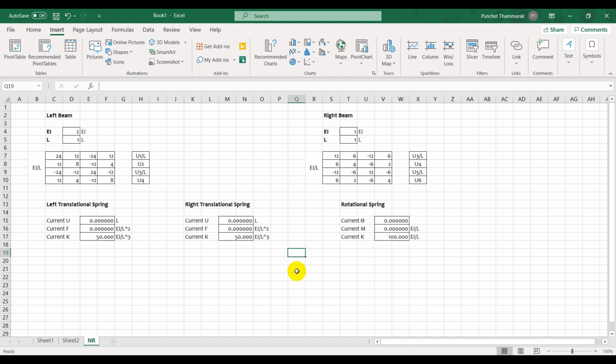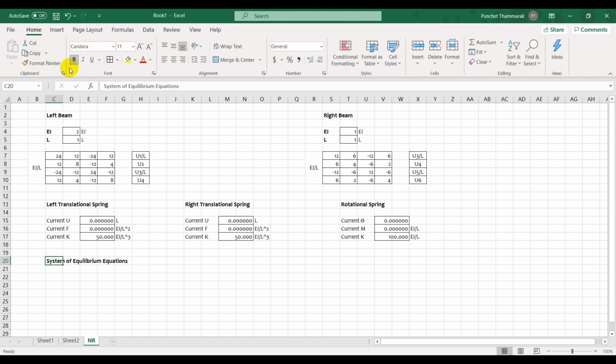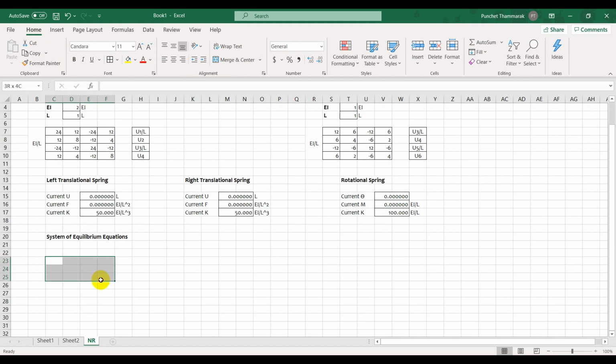So everything is constructed, and then I construct the 4x4 matrix system, just a system of equilibrium equations, and that includes this.